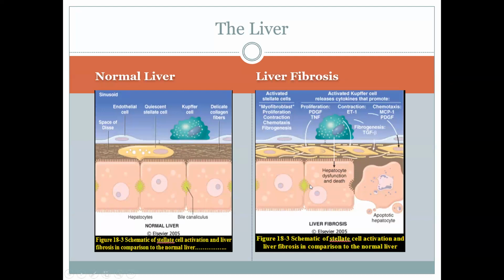But at the same time, the bile flow is affected. So we will see that the enzymes that tell us about the bile flow are going to be affected as well, but not as much as the enzymes that come from the hepatocytes.